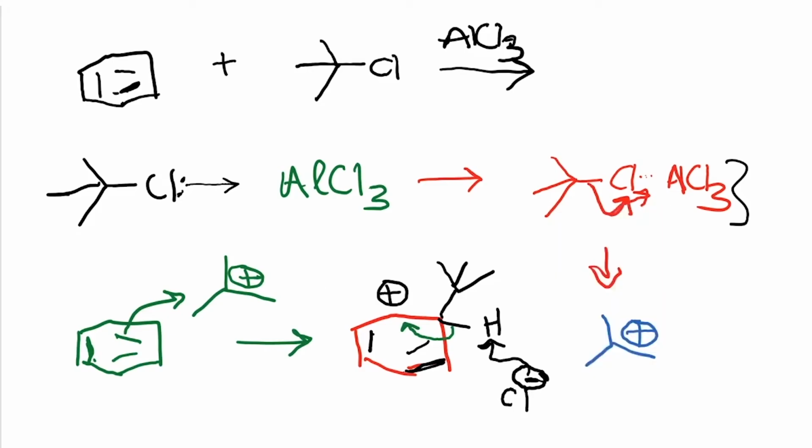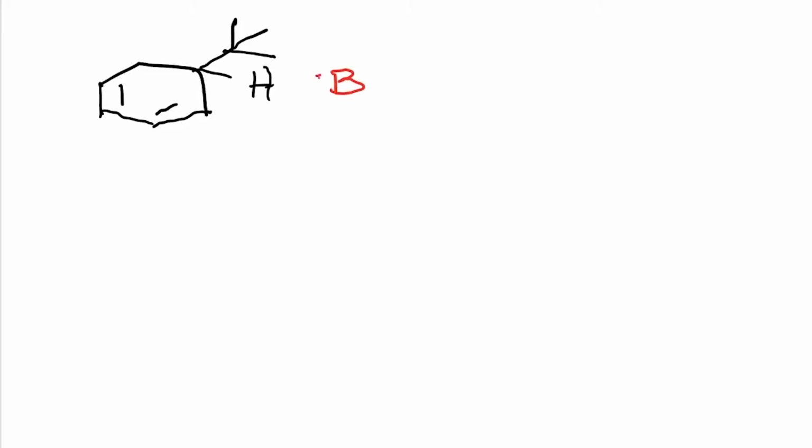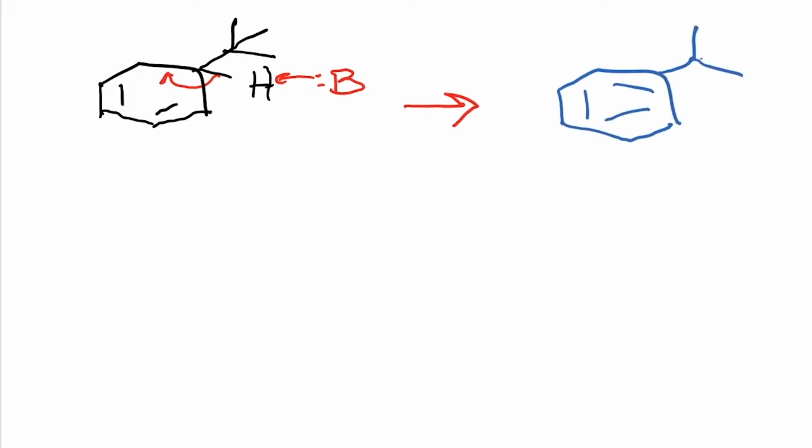Which we should look at in the next slide. So you have this kind of compound, and if you lose a proton, maybe there's some mild base such as chloride ion present, it's going to give you the desired product, which is this.